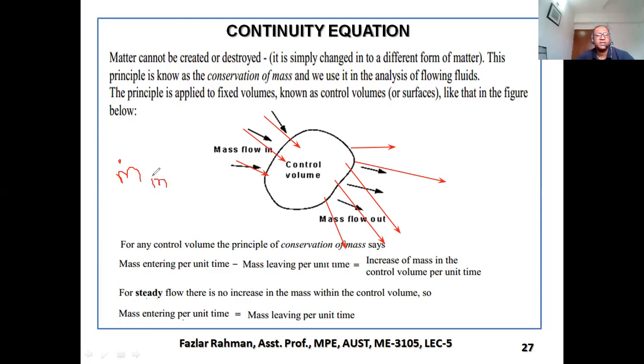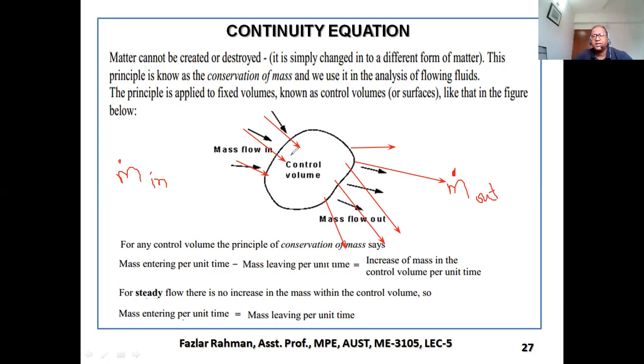So we can say m dot in, and for the mass getting out, m dot out. This mass is getting out from the control volume, and this mass is coming inside the control volume.